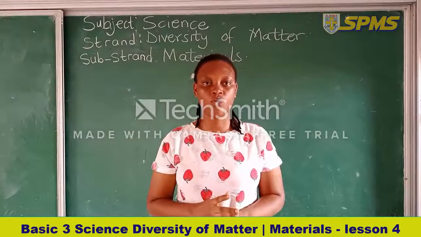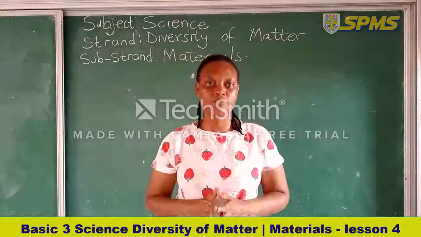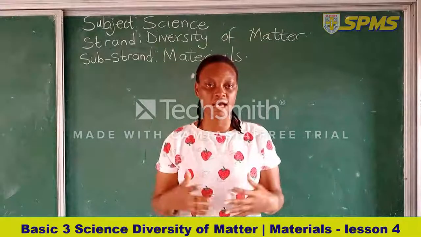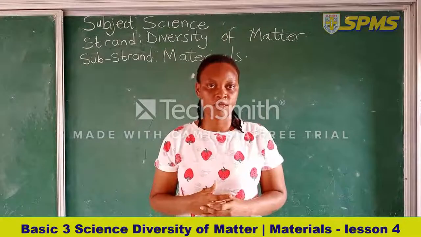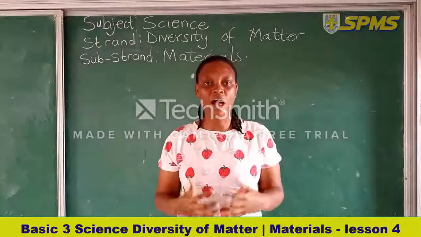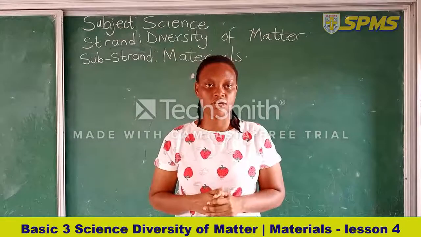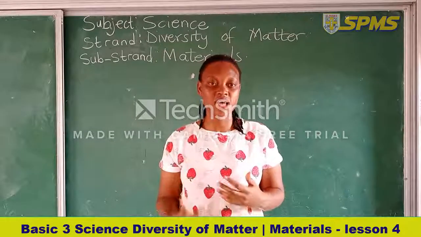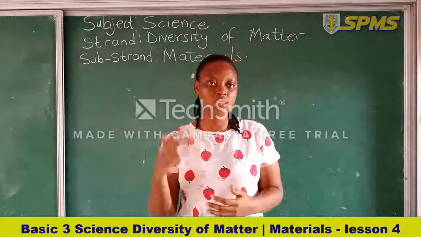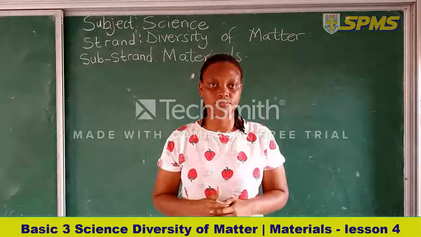Good. So that is about the three types of materials that we have. But you should always remember this: materials are based on their properties. It's their properties that help us to describe what type of material we have.